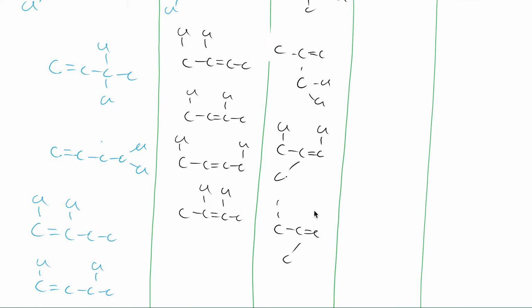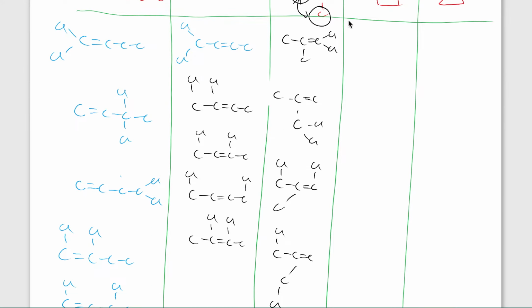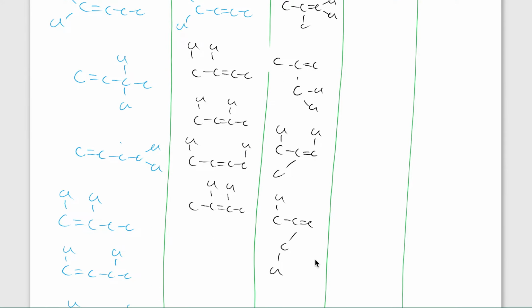And then you can put both at the end. So that's 4 possibilities: 2 of them have 2 on the same carbon, and 2 of them have 2 on different carbons. I don't think you can come up with anything else. So that's 4 isomers for this.